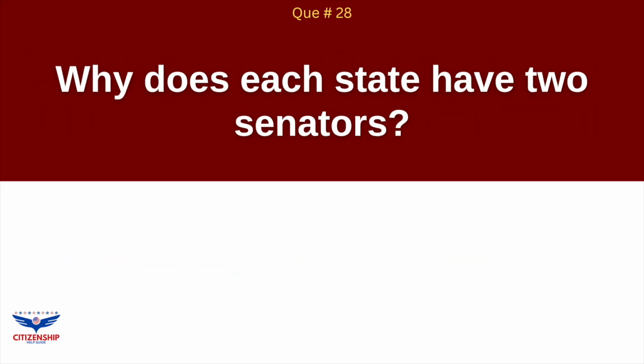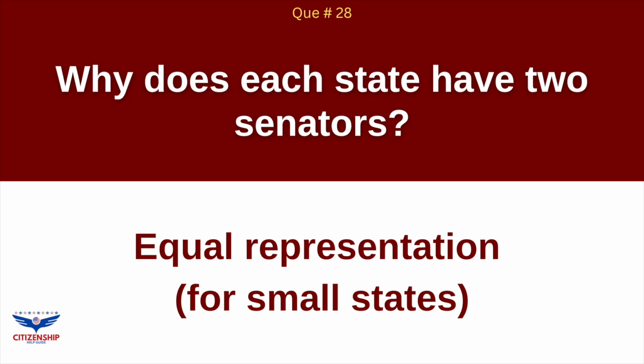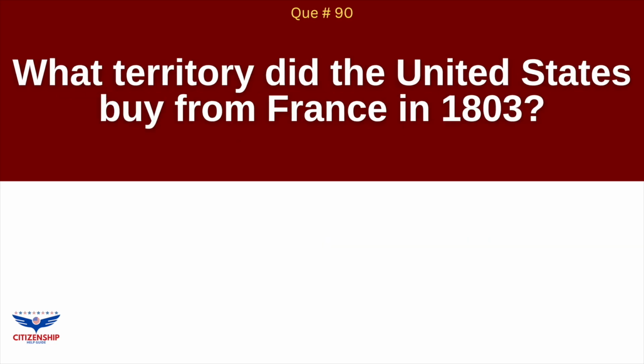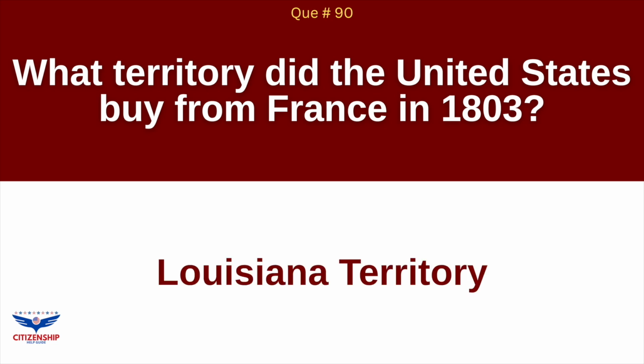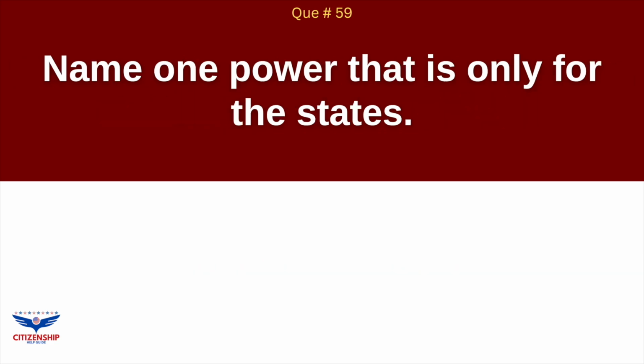Why does each state have 2 senators? Equal representation for small states. What territory did the United States buy from France in 1803? Louisiana Territory. Name one power that is only for the states.